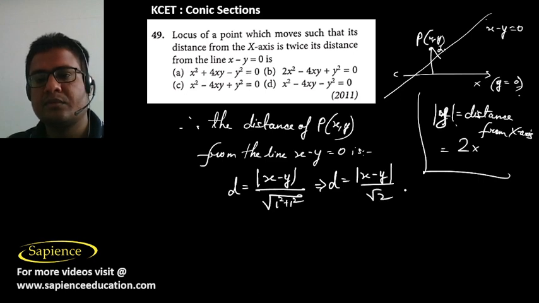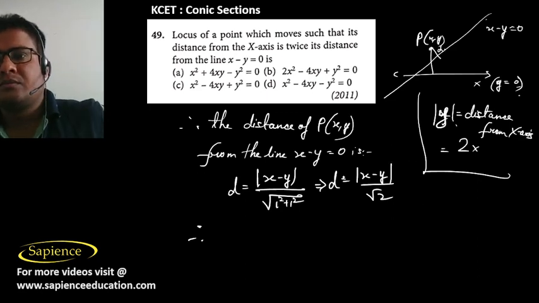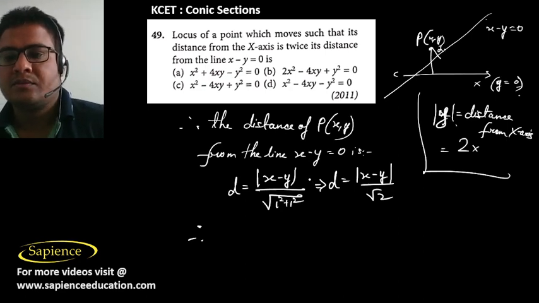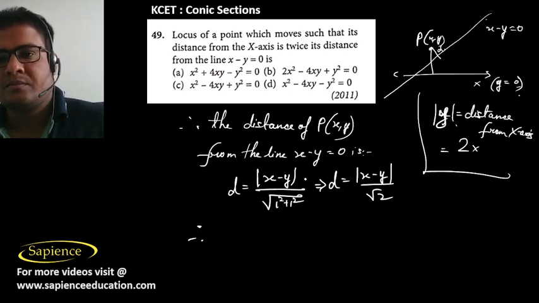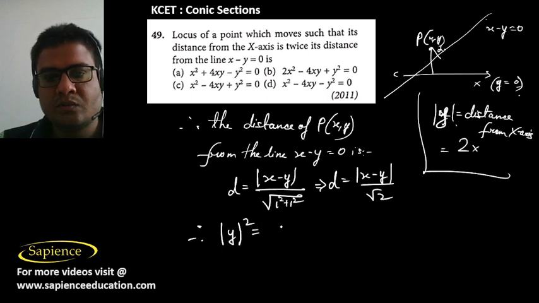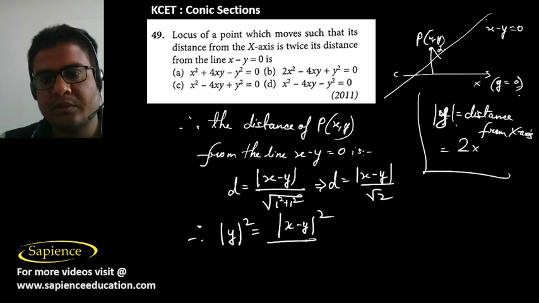Therefore mod of y square will be equal to mod of x minus y whole square by root 2 whole square.